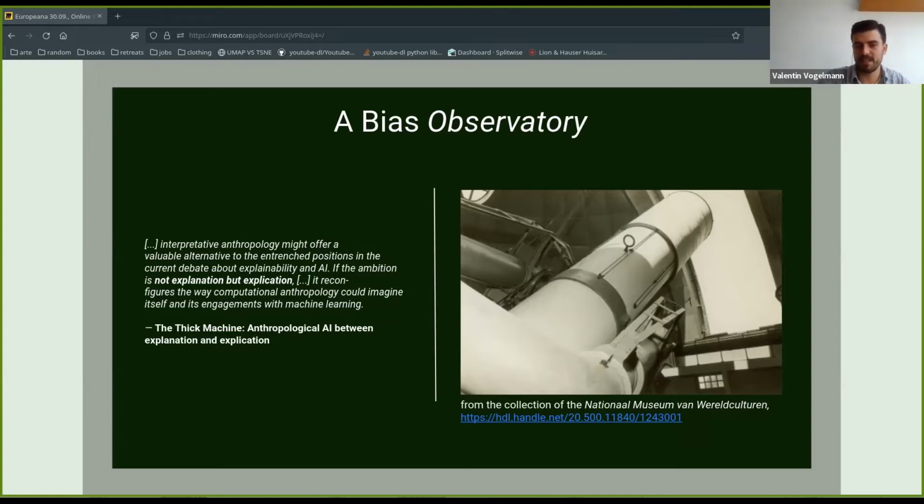So that's the explanation side. And what they're arguing for is a shift away from that and towards explication, where explication can be understood as just pointing out where the examples are that a human should be looking at if they are to do bias research, right?